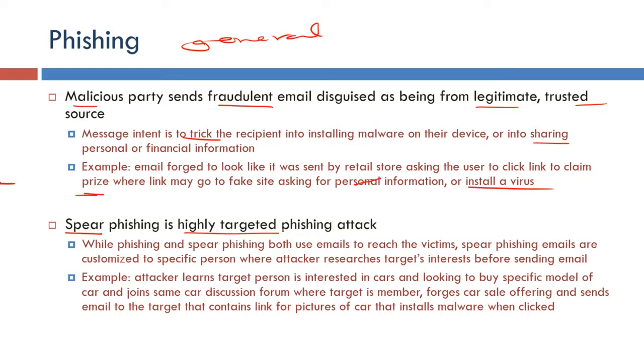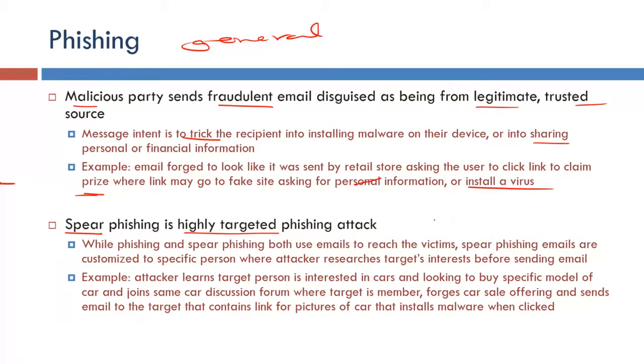Okay, this means that, for example, just imagine that a hacker knows that a person, like an owner of a company, is interested in buying a car, or is looking for certain types of cars.